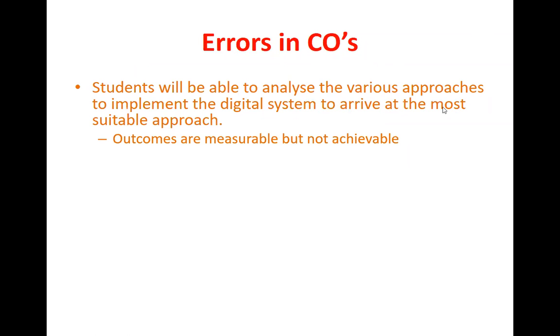Because it is not specific: to arrive at the most suitable approach and various approaches. So various approaches and most suitable approach are not specific to the student. The student might do it, but it is not achievable to the fullest extent.